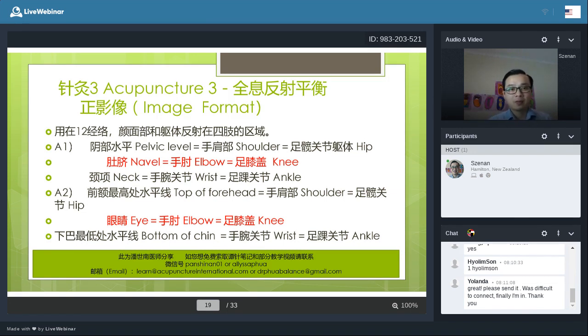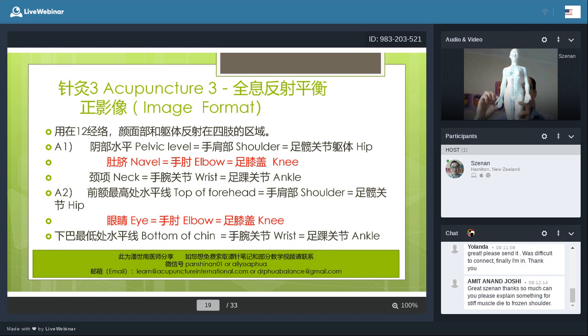So let's see. The pelvic level can treat the shoulder or wrist. So this is the middle. I'm going to show you this. It's easier.